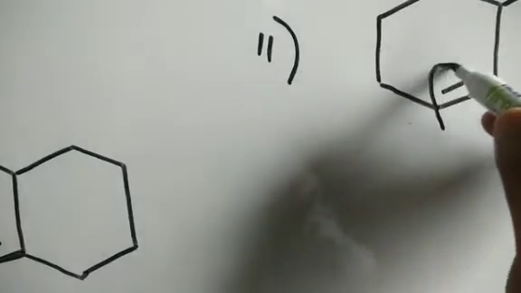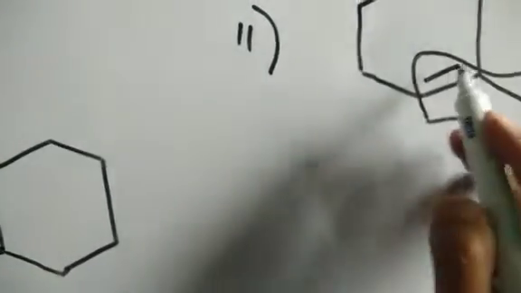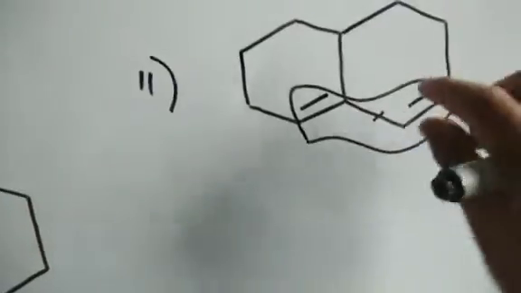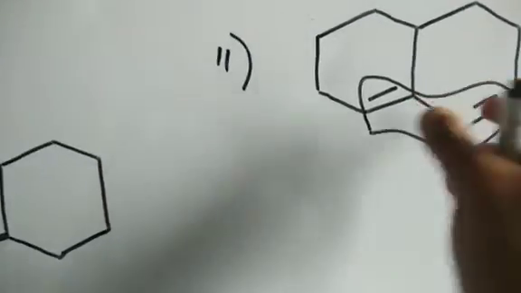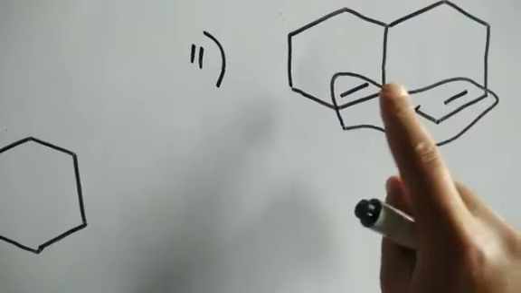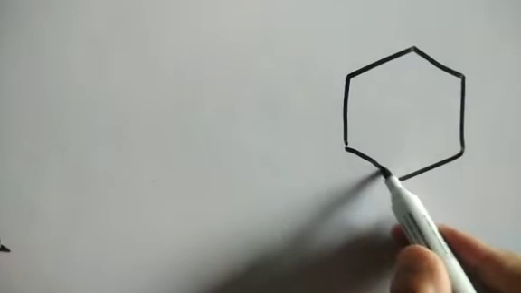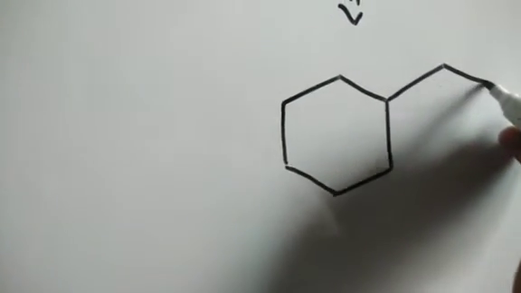Look at this fragment. It's a butadiene fragment: double bond, single bond, and double bond in conjugation. But now the bonds are present in different rings. So they are present in different rings. It can be in this form also. But the criteria है कि they should be in conjugation. We are talking about that diene.